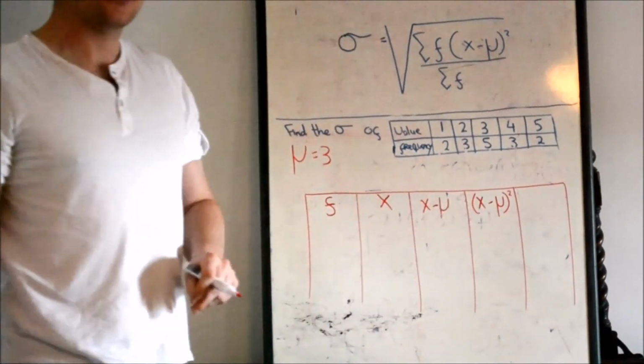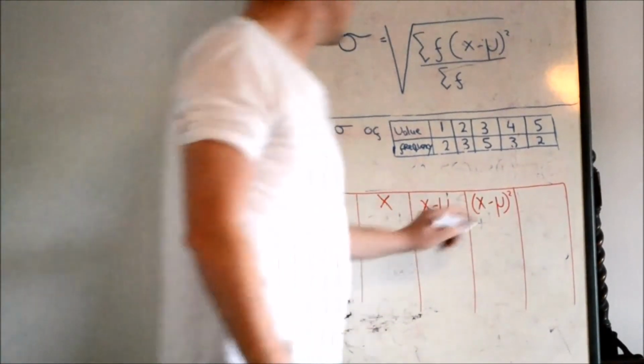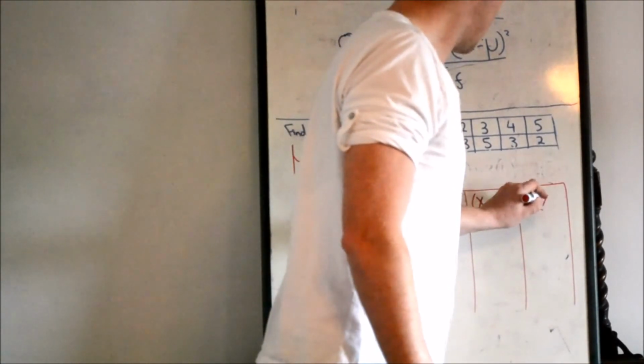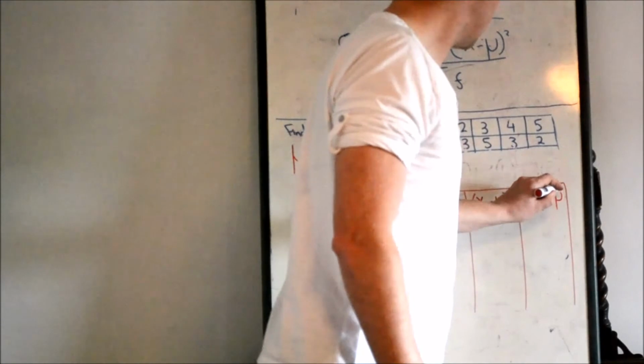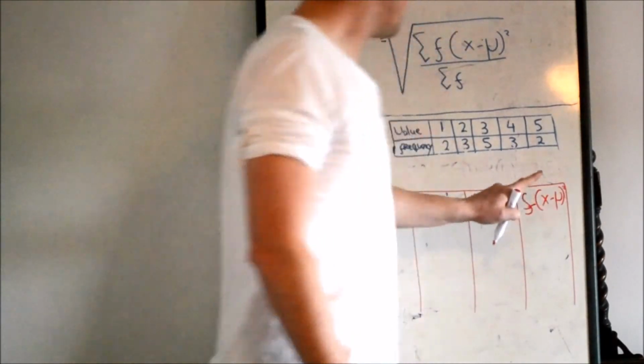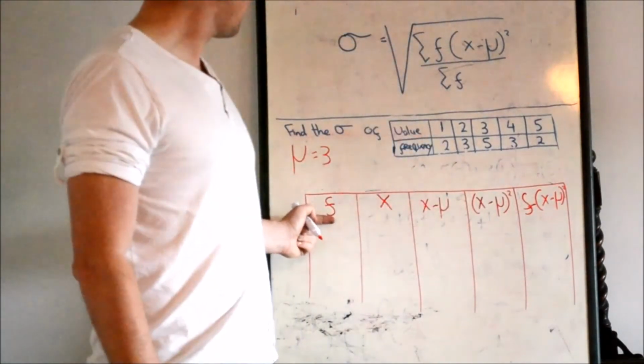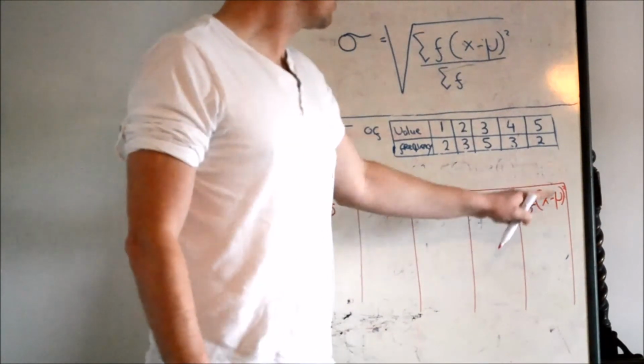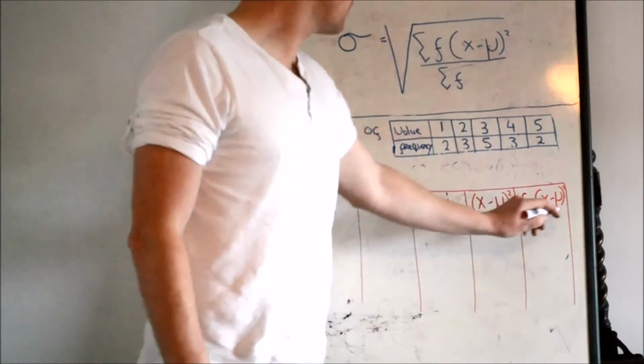The value minus the mean squared. The very last one. The frequency multiplied by basically this number, which is the value minus the mean squared. Okay.